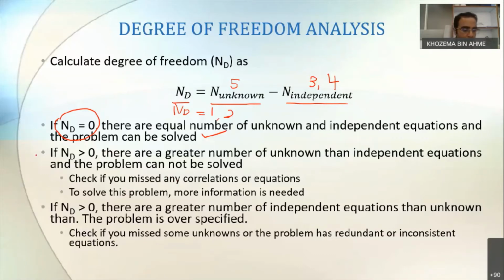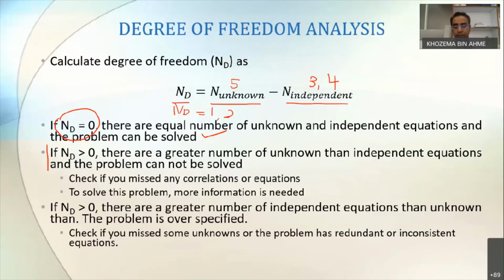If you are sure that you cannot find any more information, there is no point continuing further. Stop at step 4. You don't have to go to step 5, step 6, step 7. Just stop at step 4 and say that this problem is unsolvable.